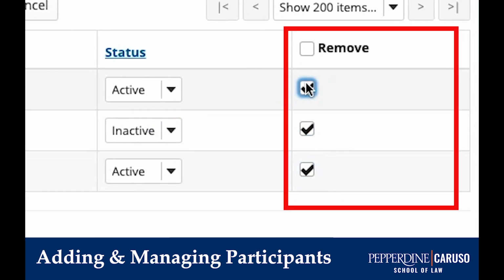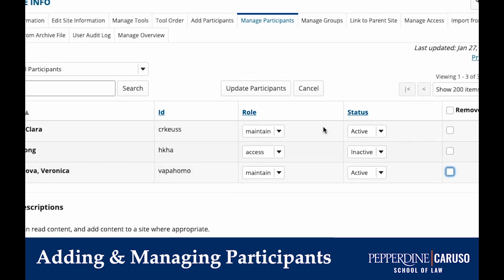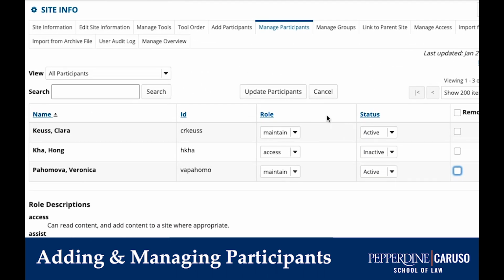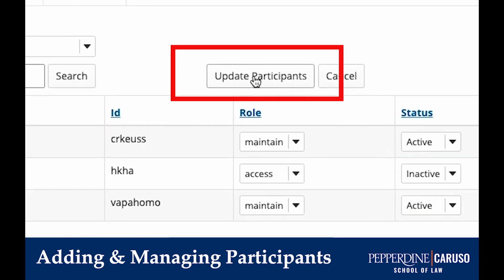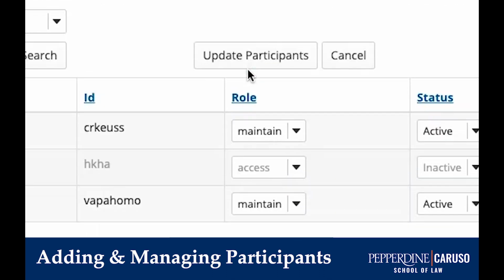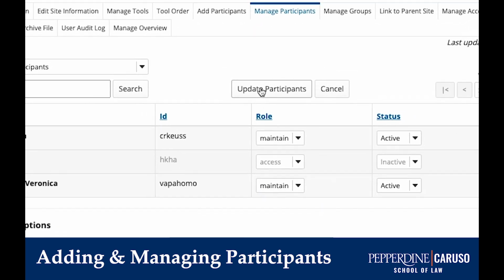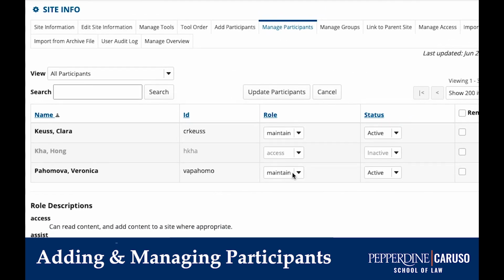If you would like to remove a participant, this is where you would do it. But let's say that this is all that I want to do. In order to finalize your decisions, you would click Update Participants at the top to process any changes. And here you have it.